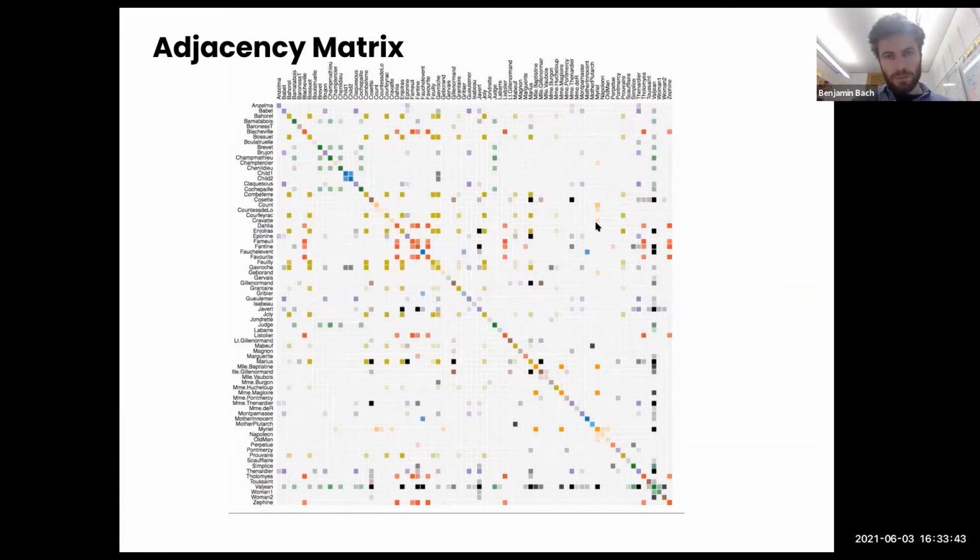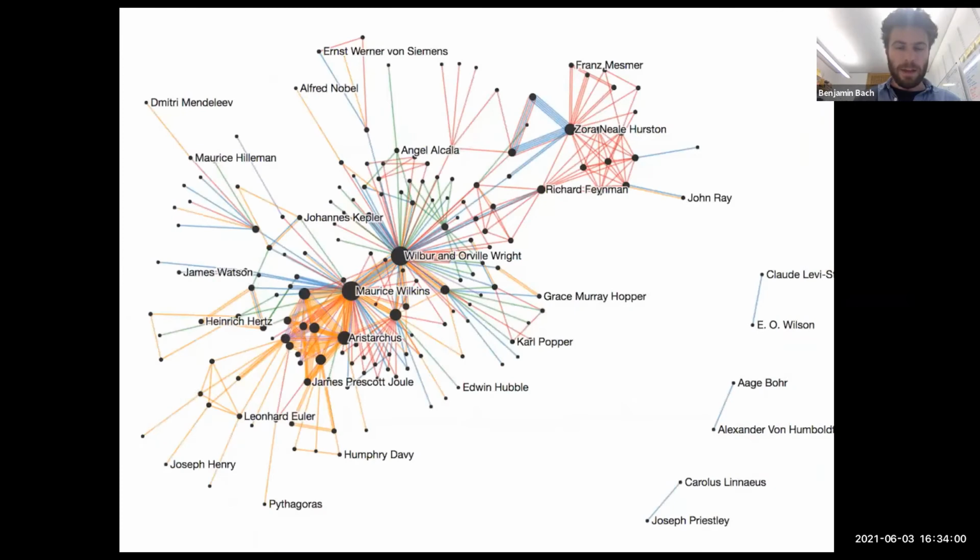We just need to solve the problem of this being very, very crowded. Now, there are algorithms to help you organize and order these matrices. The same thing is actually true for a node-link diagram. If you have this diagram, there was an algorithm in the background that optimizes the node positions.